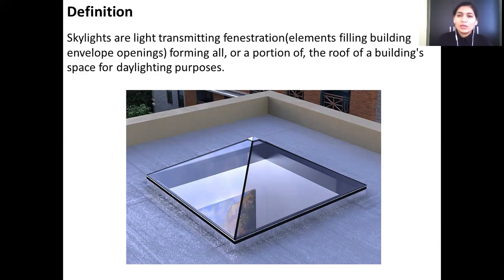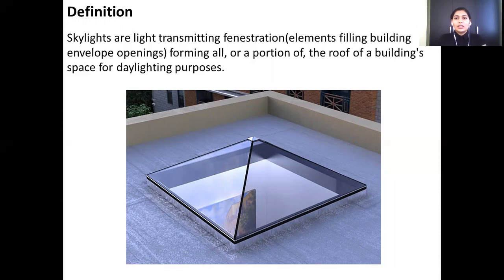So if you have any opening in the building that is covered or filled with certain material which is permeable to light, it can be of any form, shape, proportion, or composition. And the sole purpose of providing a skylight is to open up the path of natural sunlight or daylight into the dark interior spaces.